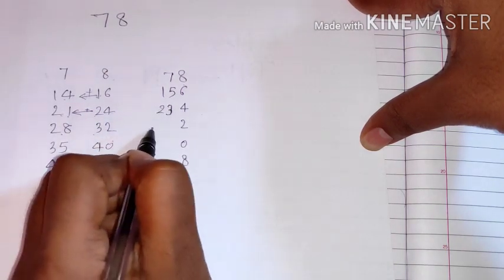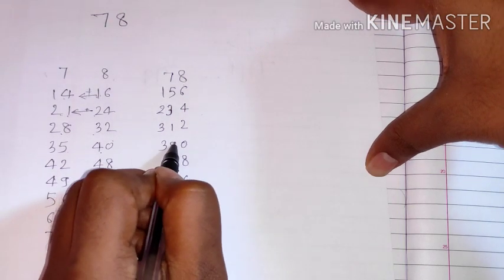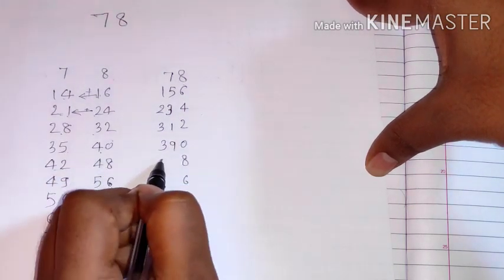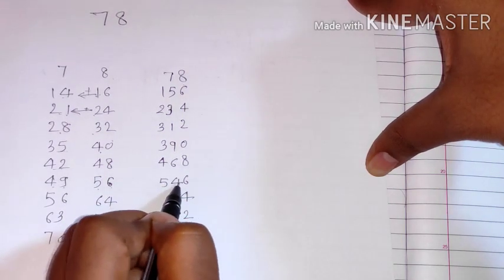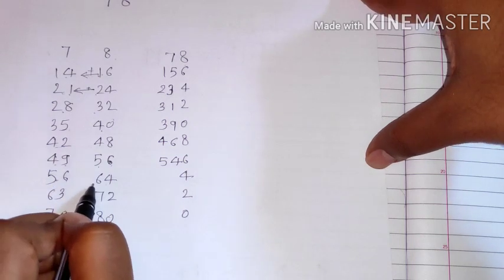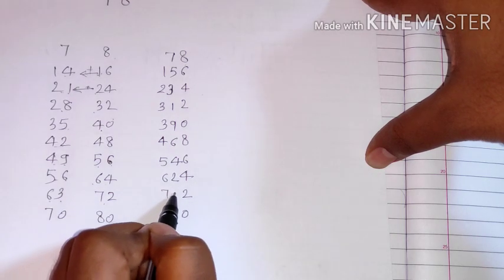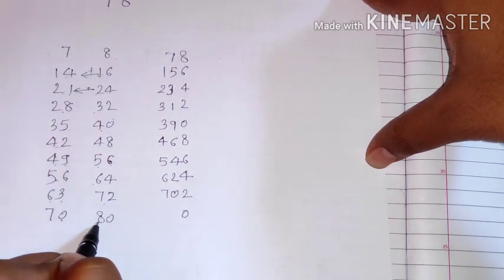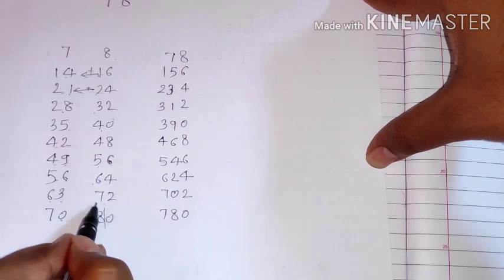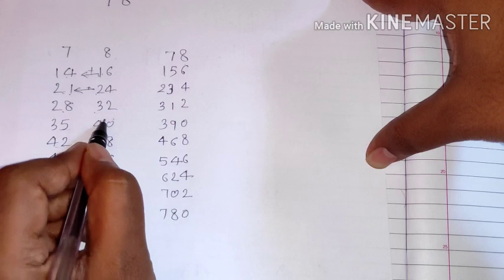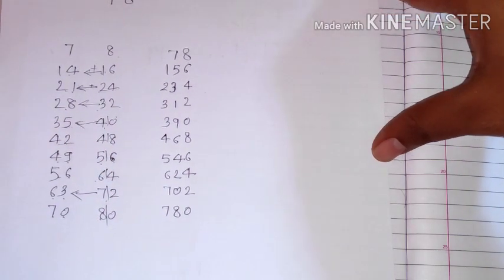Then 28 plus 3, 31. 35 plus 4, 39. 42 plus 4, 46. 49 plus 5, 54. 56 plus 6, 62. 63 plus 7, 70, and 70 plus 8 is 78. So all these numbers are getting added with this table. Okay, so this is how the 78 table is also done.